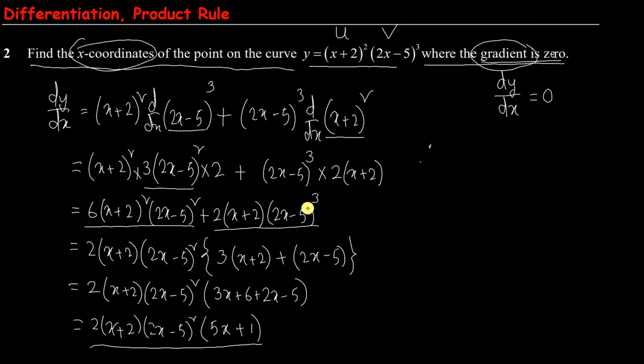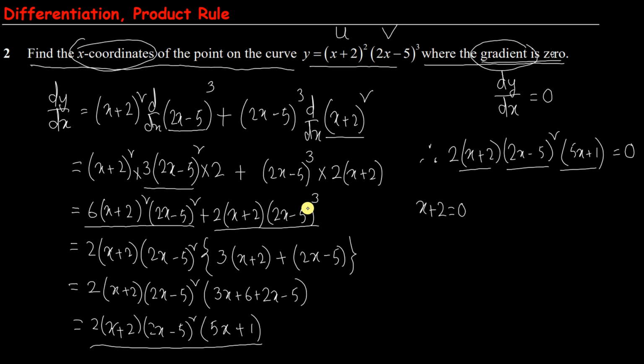So we can write the expression we got for dy by dx, which is 2 into (x plus 2), (2x minus 5) squared, and another part, (5x plus 1), equals 0. Now see, 3 factors are there, so if their product is 0, definitely each individual factor can be considered as 0: x plus 2 equals 0, (2x minus 5) squared equals 0, and the third factor 5x plus 1 equals 0.